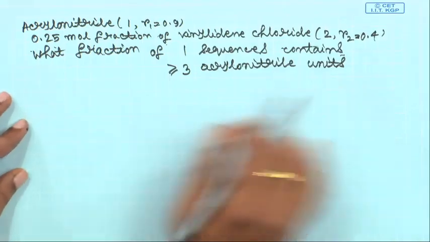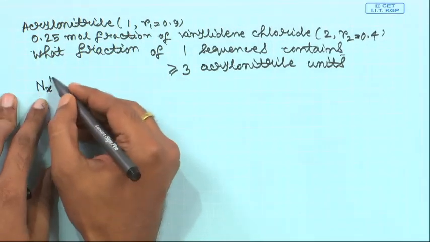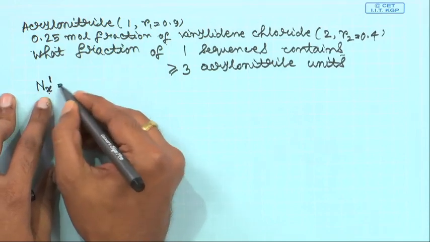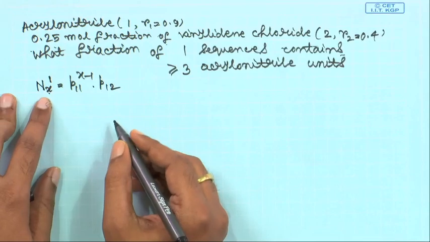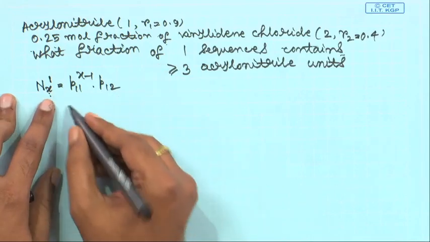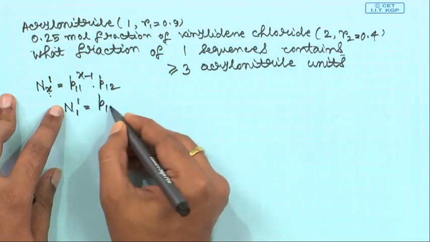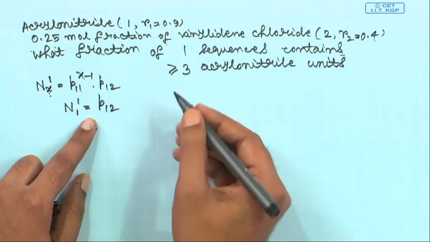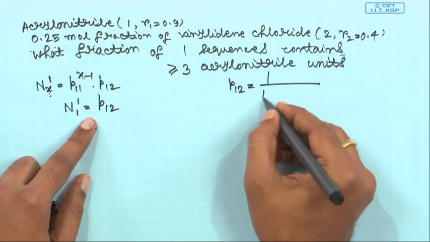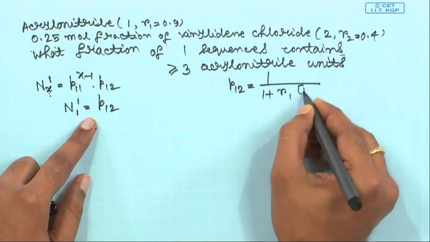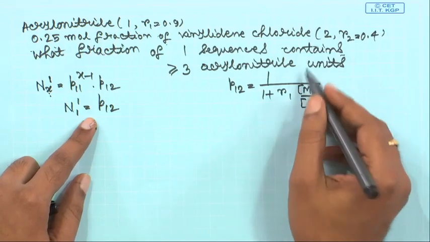Then you can find out what fraction contains at least 3 monomer 1 or acrylonitrile units in this case. So, the general term for monomer 1 sequences of x number will be P11 to the power x minus 1 into P12. So, in this case let us say you take N11, that will be equal to P12. You can calculate these things, say for example P12, I will just calculate one of them and leave the rest for you, 1 plus R1 into M1 by M2, and you can find this from this ratio.